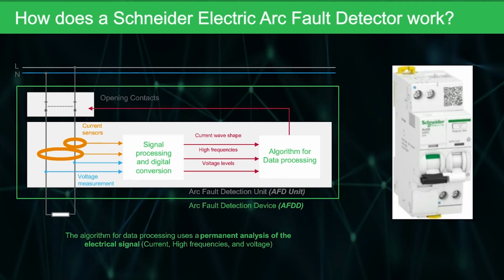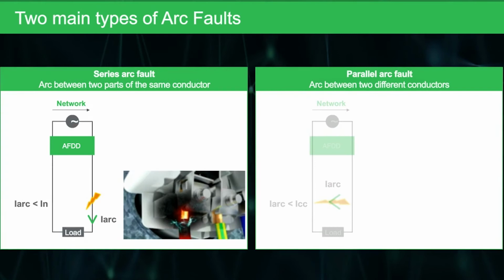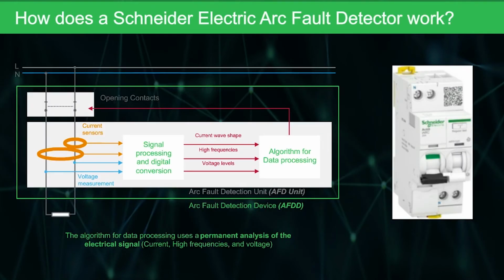And you can see that there's a current sensor for the incoming active, there's a current sensor or toroid for the RCD part for both the active and neutral, and then there's also voltage measurement. We're constantly measuring multiple parameters, and there was an animation on that slide that's not working, so I'll just have to talk through it. So you can see that the measurements that we're doing are current, voltage, and we take that signal, we process it digitally.